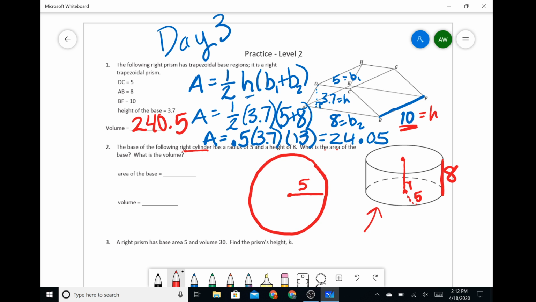So if the radius is 5, we need to think about what is the area of a circle. Now I'm going to pause for just a minute. I'm going to give you a second to think about how do I find the area of a circle. Okay, I'm just going to give us a minute to think about that.